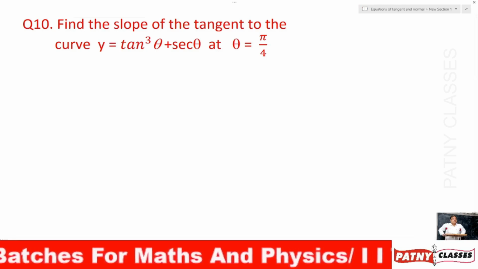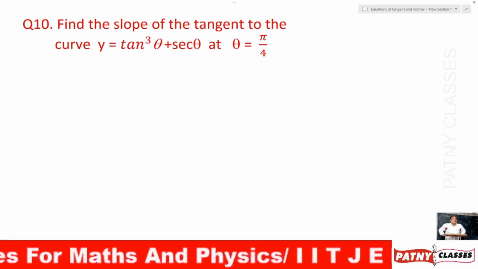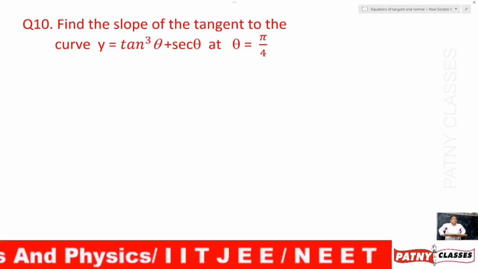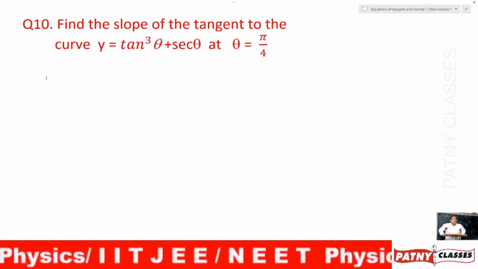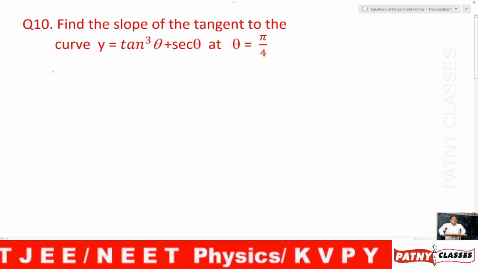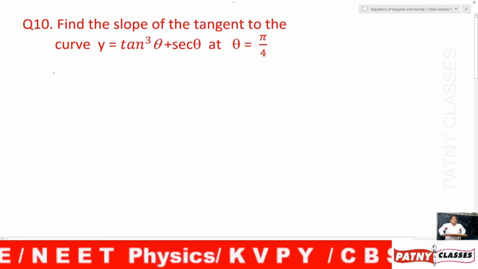Find the slope of tangent to the curve y equals tan cube theta plus sec theta at theta equals pi by 4. Here the variable is theta, and so we shall be differentiating with respect to theta.